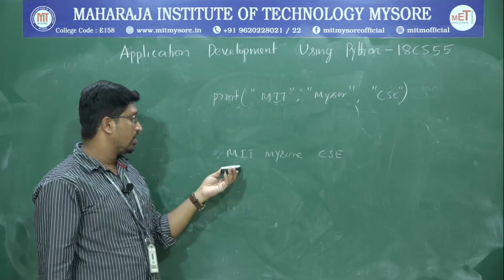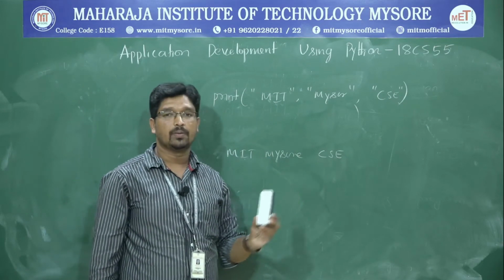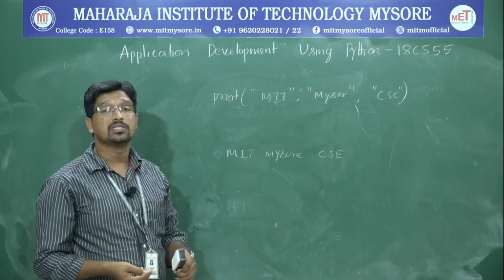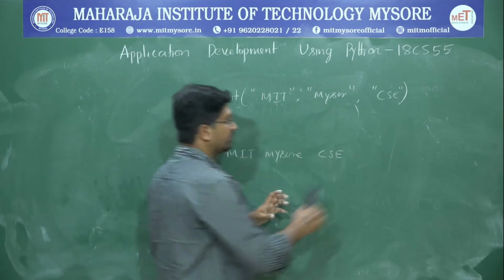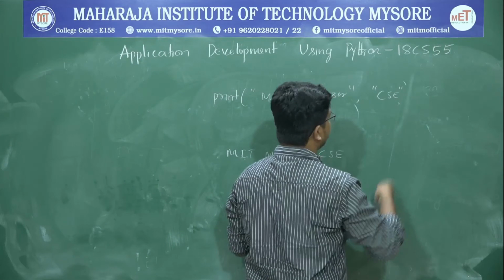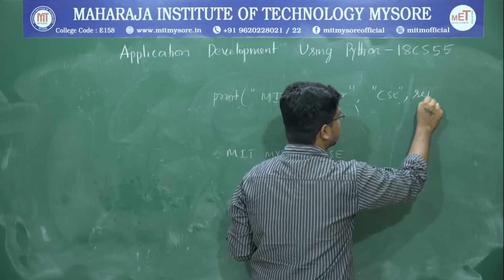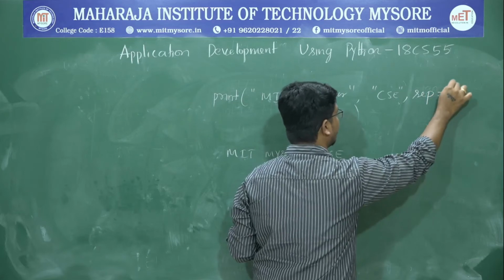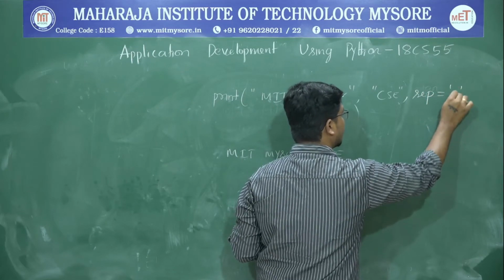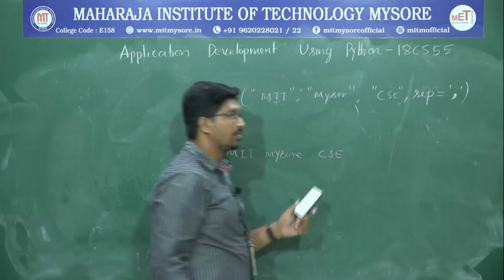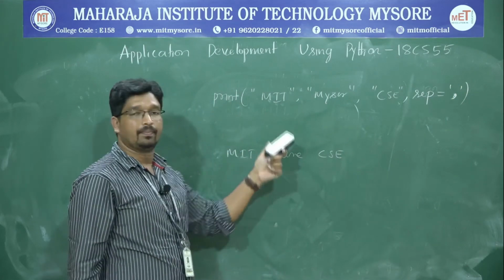But you want each word to be separated by a comma, then you have the separator keyword. The separator keyword is very simple. Again you need to put a comma, say separator is equal to, within the single quote you specify what separator you want, like a comma.